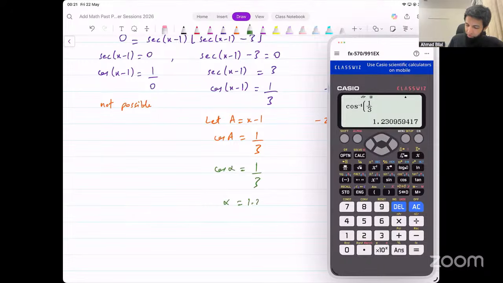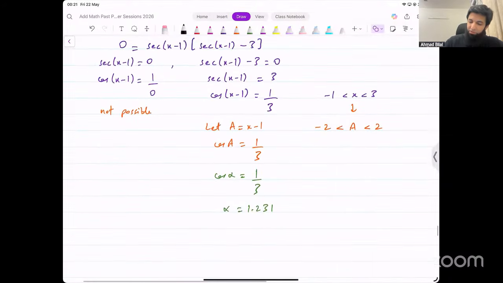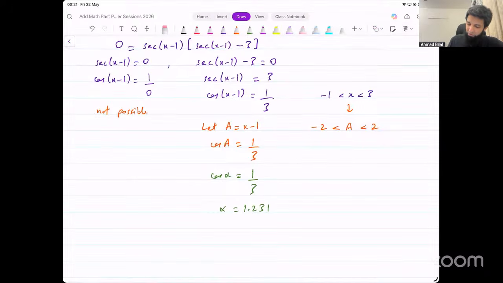That's 1.2309. You can say that's 1.231. That's the basic angle. Which quadrant are we in? Cos is positive in the first quadrant or in the fourth quadrant. So it's either this or this. So the two angles that we get in this interval are going to be in the first quadrant or in the fourth quadrant.